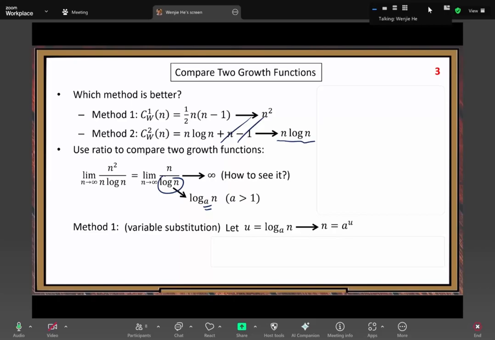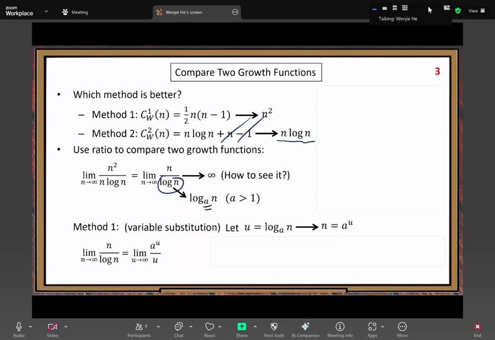If we do substitution, we use the u variable to replace the n variable, then in our original ratio we can remove the log function. So you do not see the log function anymore, right? So your new ratio becomes, as u goes to infinity, the limit of the exponential function a to the u over u.